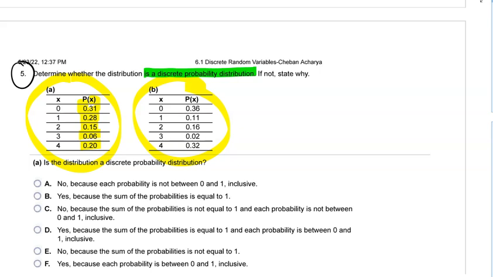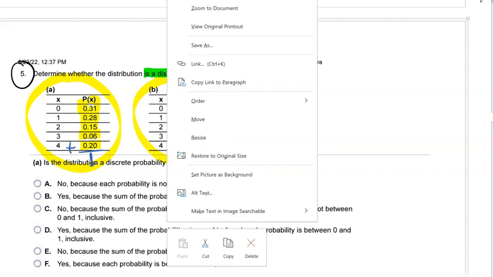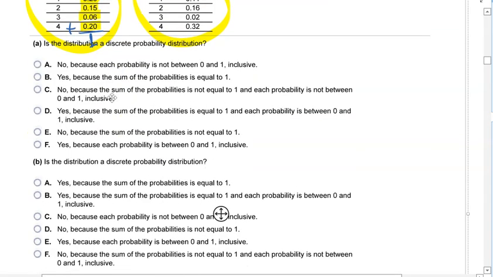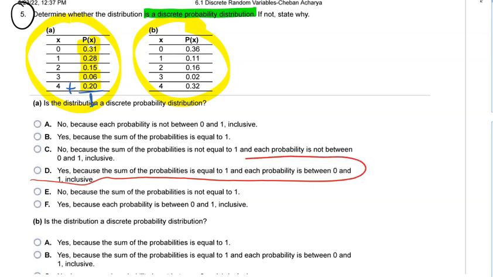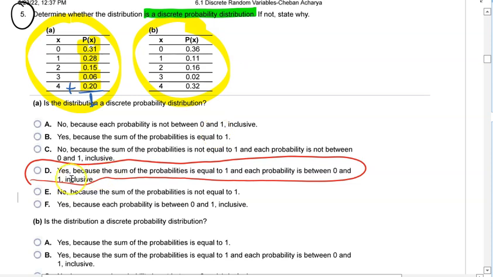If you add them, the sum must be 1. Therefore, for part A, yes, because the sum of the probabilities equals 1 and each probability is between 0 and 1 inclusive, so A is a discrete probability distribution.